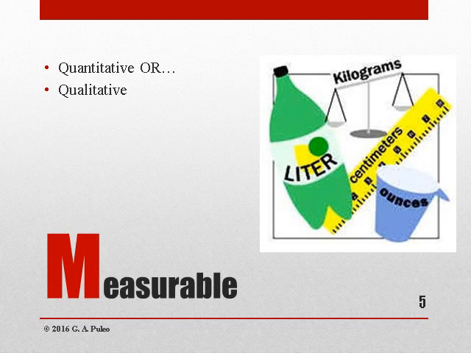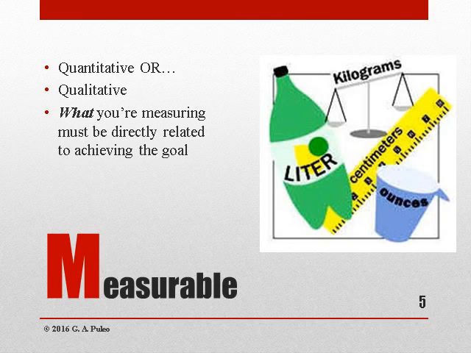Or you can measure things by qualitative standards, things that are more subjective in terms of how you're feeling, a sense of accomplishment, pride in yourself. Whatever you use to measure your path towards the ultimate goal that you want, you have to make very, very sure that what you're measuring is directly related to achieving the ultimate goal.